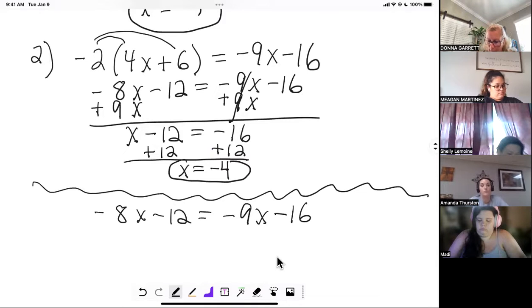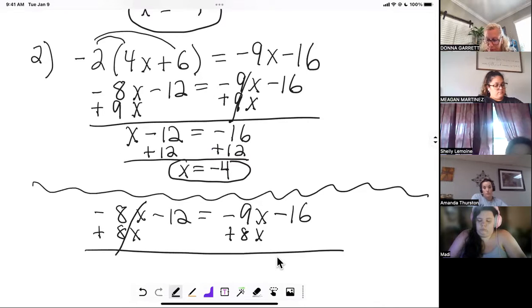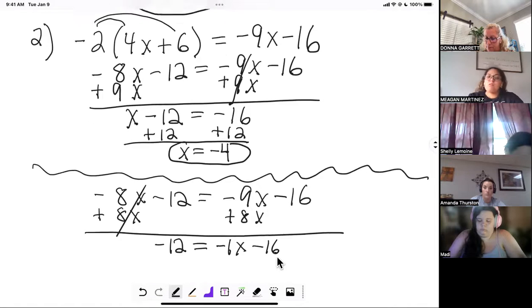So I add 8x, I add 8x. I'm going to show you, you can get the same answer. So negative 12 is equal to, okay, negative 9 plus 8 is negative 1x. I'm actually going to put the 1 this time. Negative 1x minus 16.